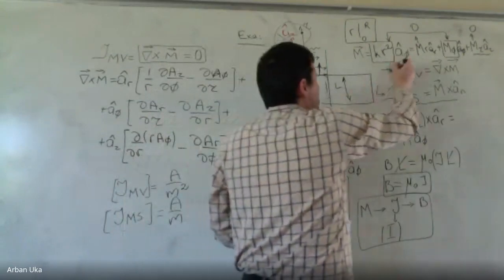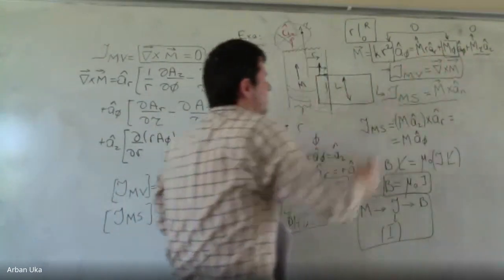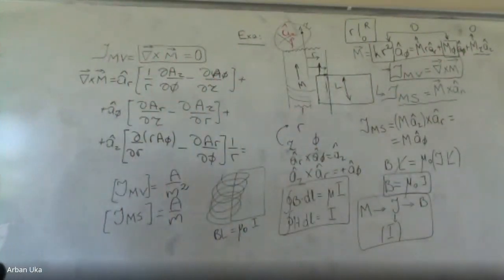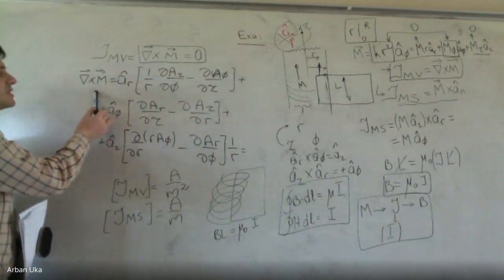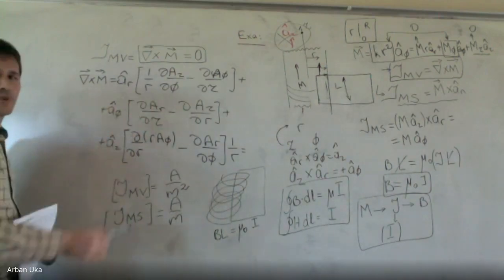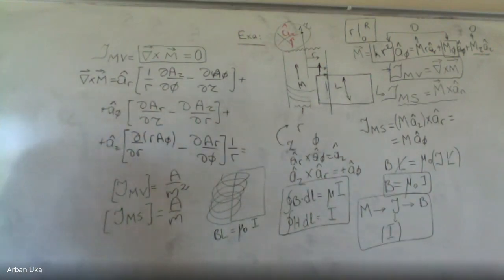The first step is we try to identify the current density in the volume, because all the magnetization is in the volume. We have the same coordinate system, which is cylindrical, and we have this expression that you see here. Then we move on and see what is the Z component.